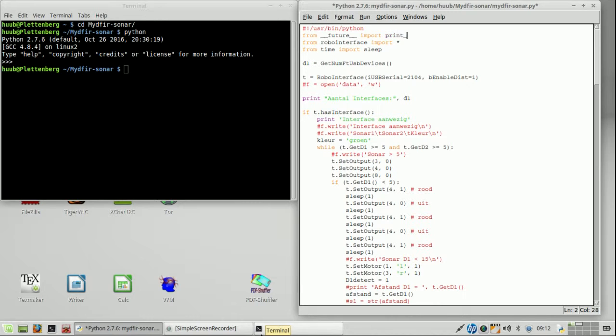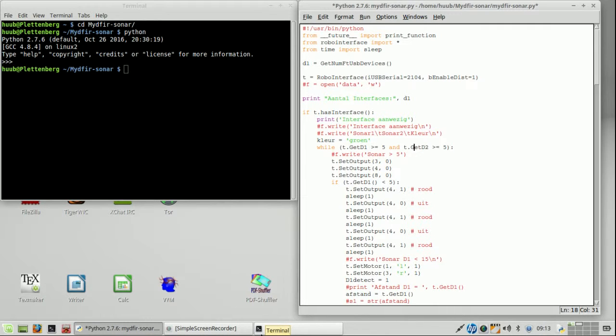So with this I can now hopefully improve the interfaces, the print statements.